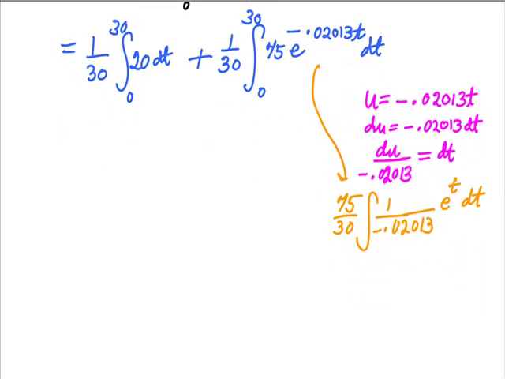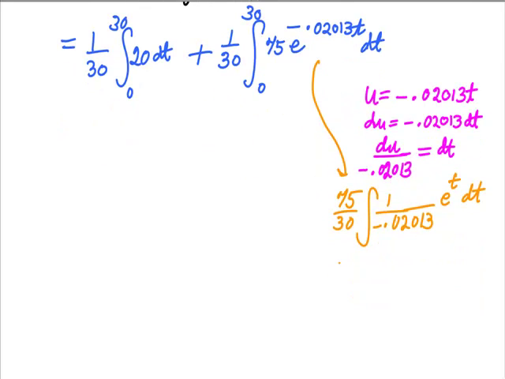So this antiderivative, I'm going to have 75 divided by 30 times negative 0.02013 e to the u. This is going to be u, sorry guys, because we just did a u substitution.